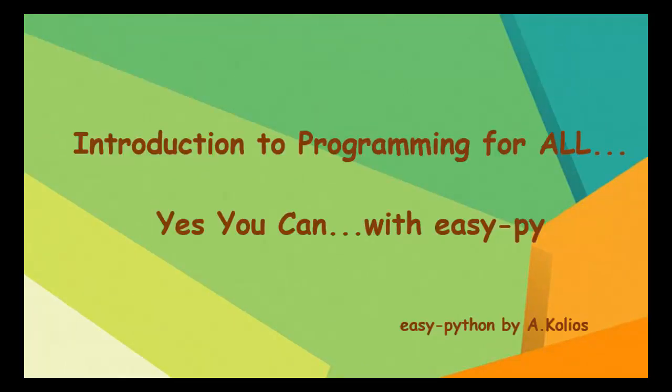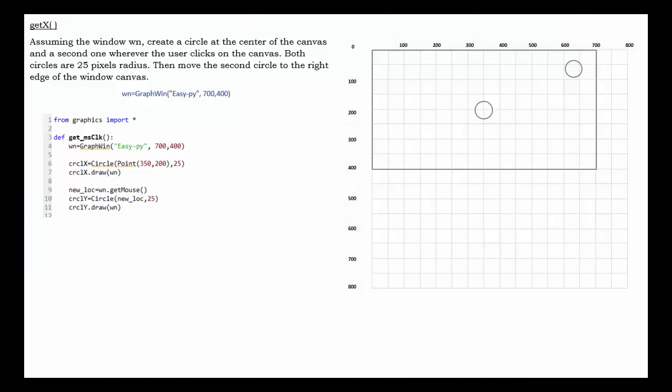In this segment, we will examine the use of the getX function, a method of the graphics.py library. We will do that through an assignment, an example, and actually we have seen most of that example in the previous segment.